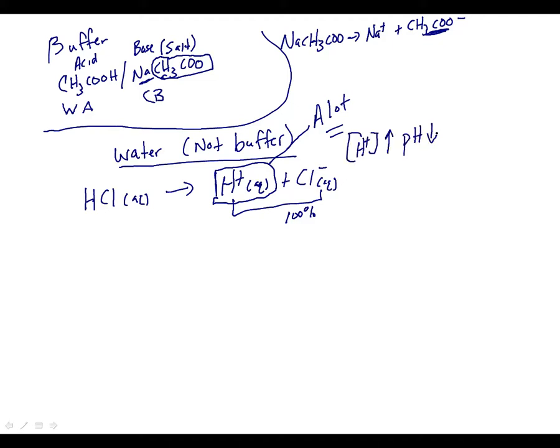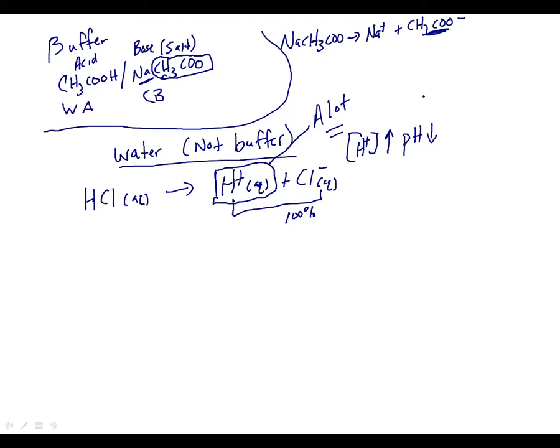So this would be an example where you would perhaps see the pH go from, say, 5 point something with water all the way down to maybe a pH of 1 if you added HCl to water. So you would see a pretty big jump in the pH when you add that acid.